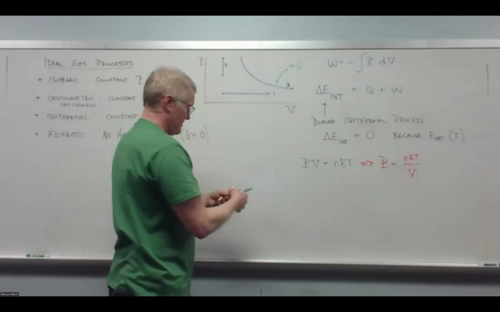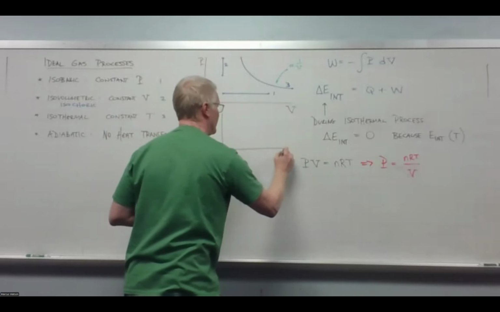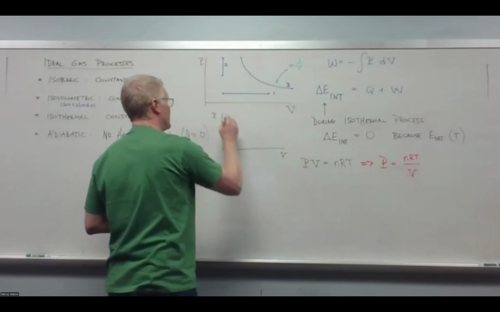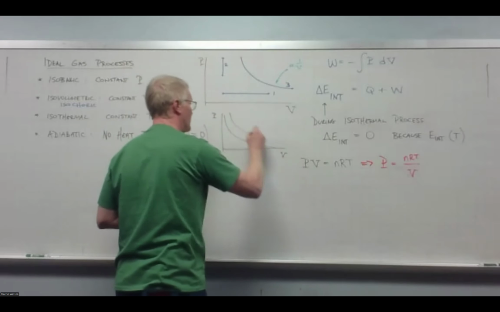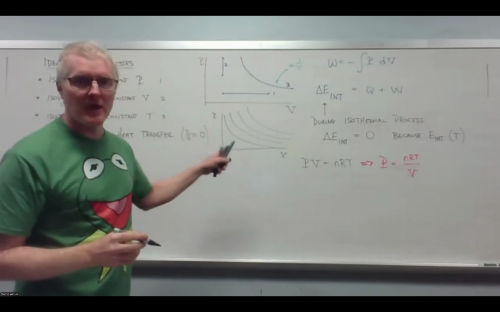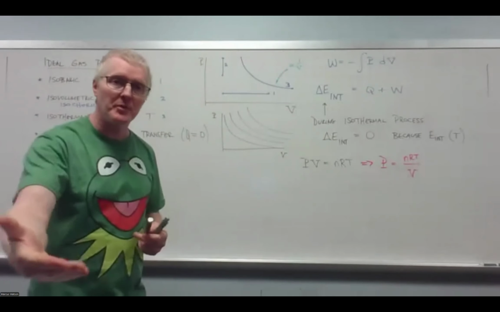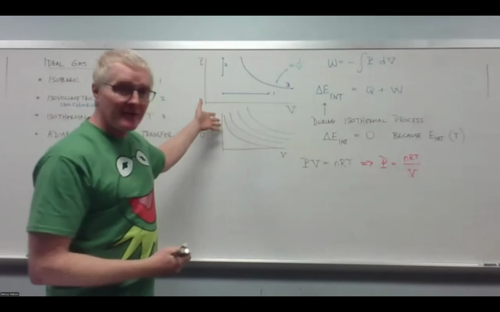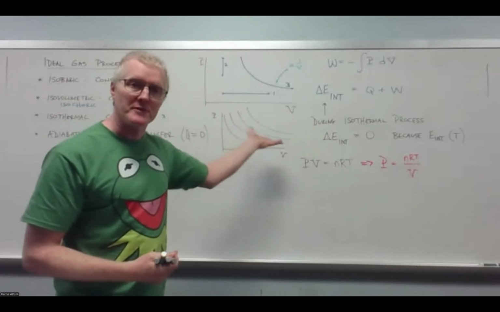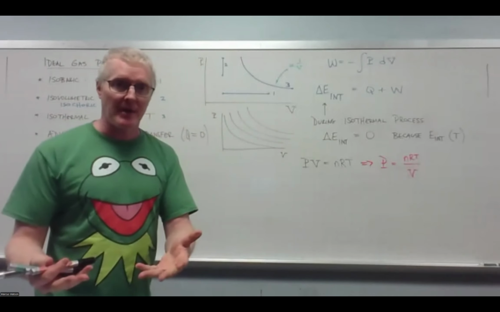If I just draw another set here, just so that you can get an idea. On every PV graph, what you don't see, or perhaps what you would have to put in yourself, in your mind, are these sets of isothermal curves. They're there, but you just have to think about them.